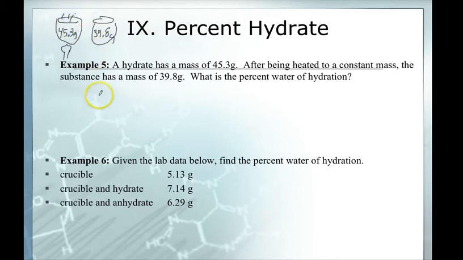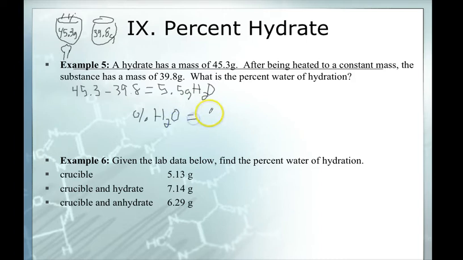So if you take the difference between these two numbers, the 45.3 minus 39.8 will give you 5.5 grams of water that was driven off by heating it. So now we can find the percentage of water using our data, right? We do have the part, which is 5.5 grams.